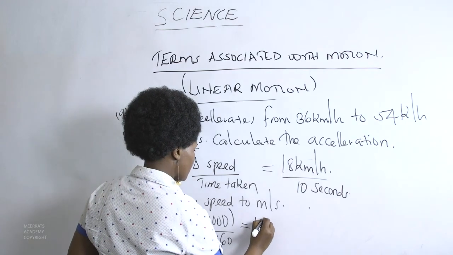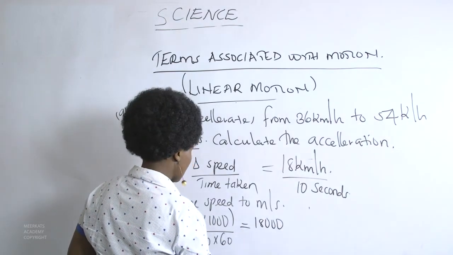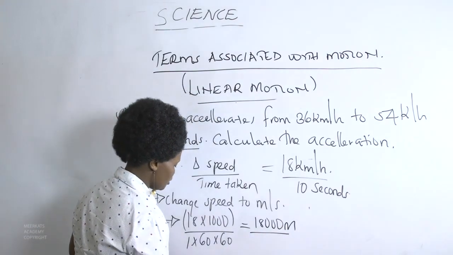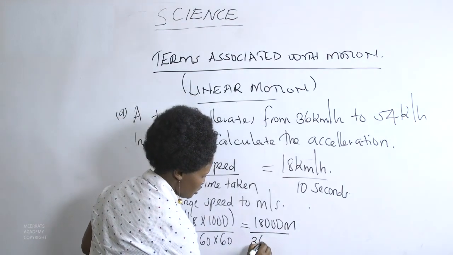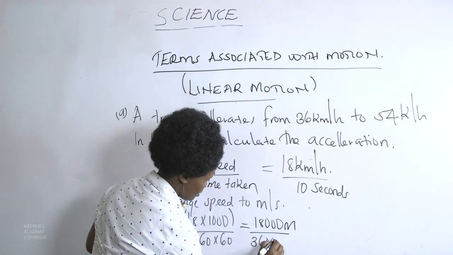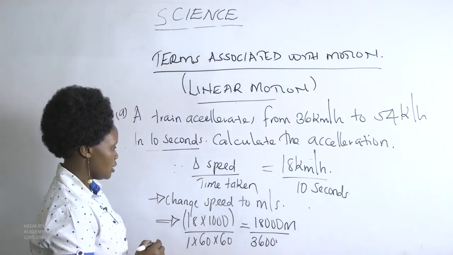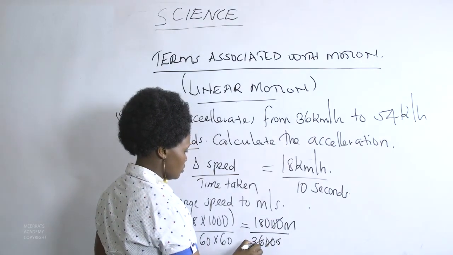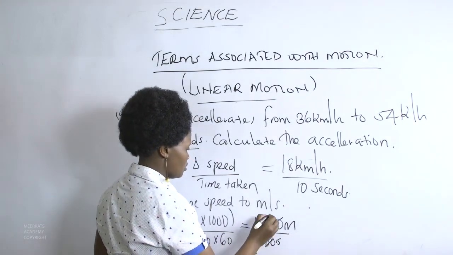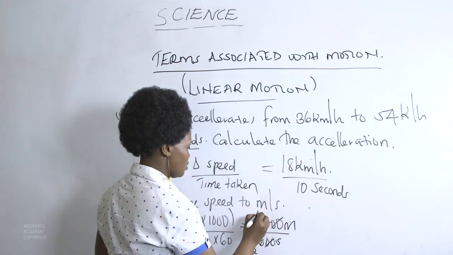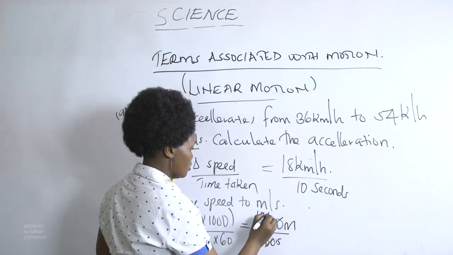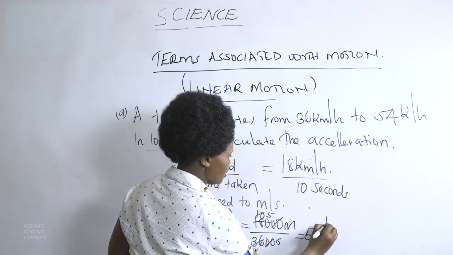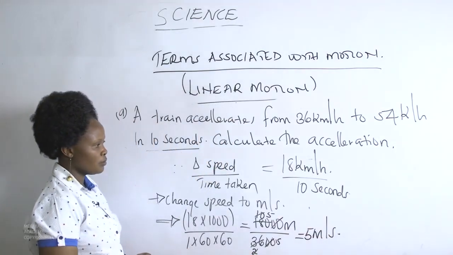And this gives us 18,000 meters divided by 3600 seconds. We can cancel, and this gives us 5 meters per second.